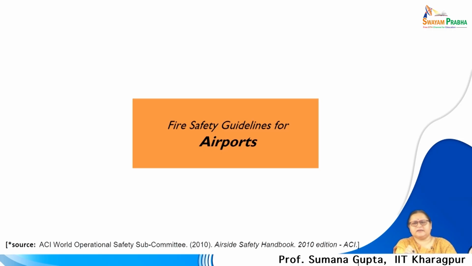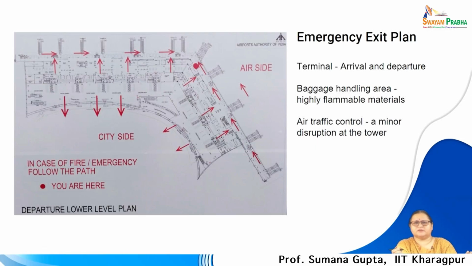Now, very recently in June 2023, there was a fire in one of our national airports, and after coming across such a situation inside the airports, you can see the emergency exit plan being placed on the internal airport walls.